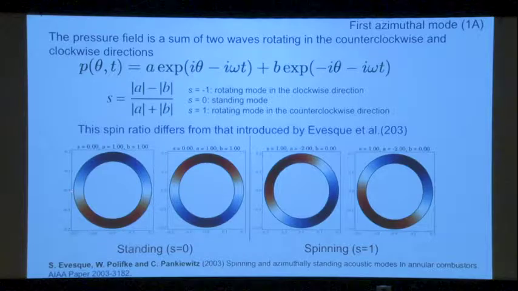What you see here is you have a nodal line, this is negative, this is positive, and then you have the nodal line at another part of the cycle, this is positive, this is negative. This is a standing mode. However, a spinning mode is something like that. You have the nodal line, which is here, but at a later time, the nodal line is here, and this rotates.